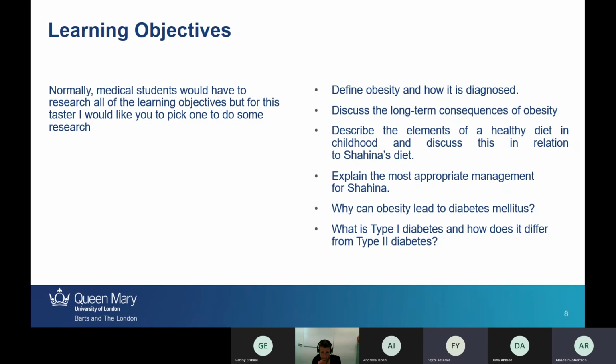Yeah, absolutely. Thank you, really good answers there. I think the key there is a well-balanced diet with some exercise, and it's also really good that you mentioned families are an important source of support for people in the same position as Shahina.